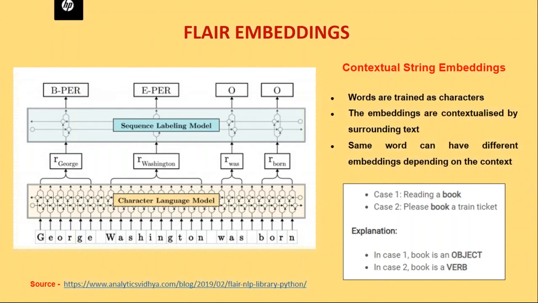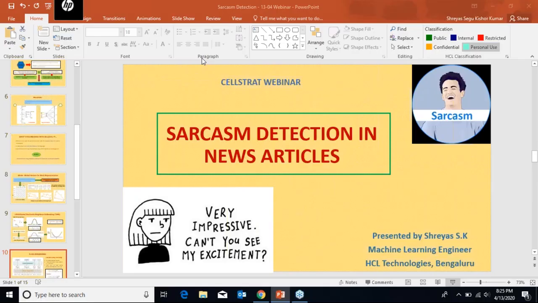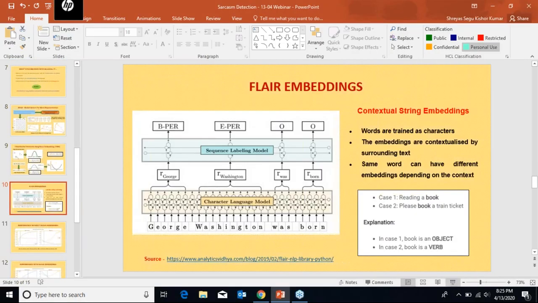The 300 dimensions GloVe word embedding file is about 700 to 800 MB. So there is no need of downloading each and every embedding in order to train your model. FLAIR embeddings will provide already inbuilt embedding vectors.